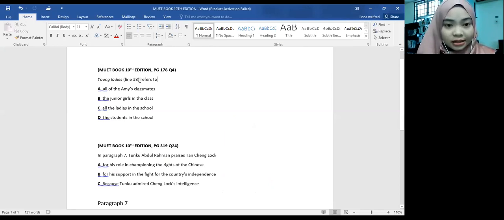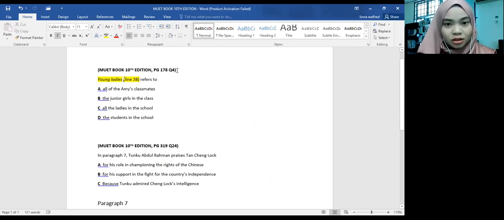Young ladies, line 38 refers to. By looking at line 38, we know that this is a direct question and the word refers to is a pronoun.